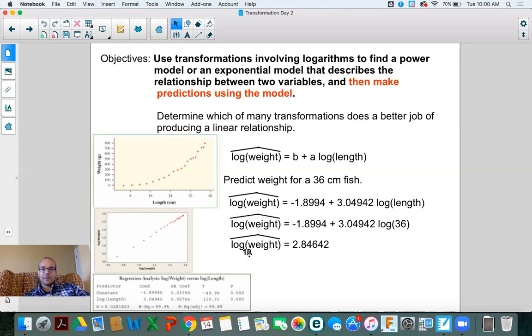So you can remind yourself my base is 10 when I write it as an exponential, and a log is an exponent. So this is the exponent that goes on 10. And then the overall relationship is this: 10 to the 2.846 is equal to the predicted weight, which is very similar to the predicted weight that we saw last time when we did different methods to get the same prediction.